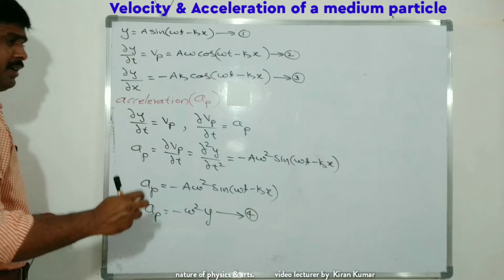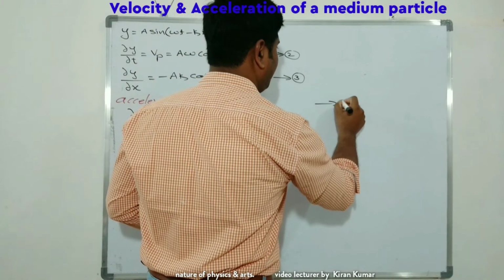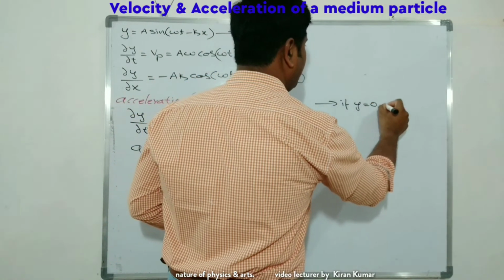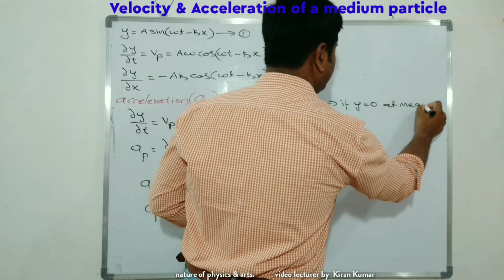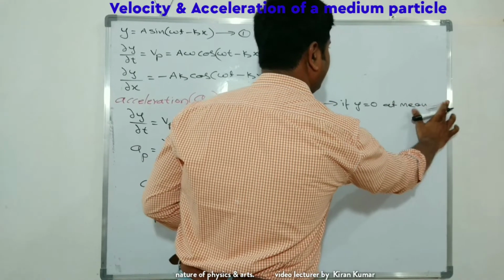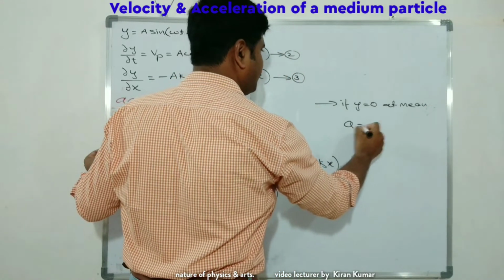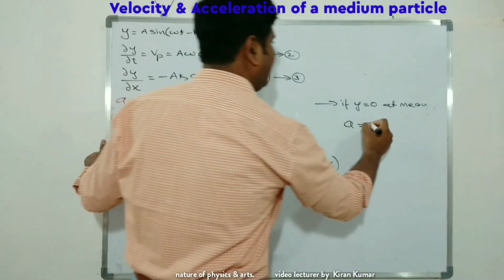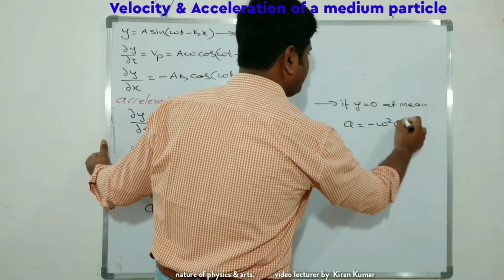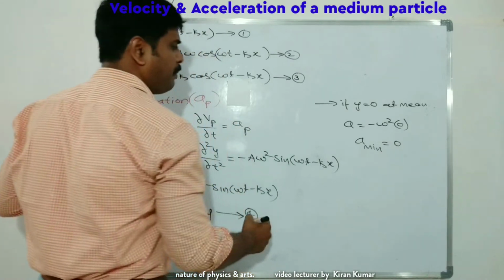We can take two conditions here. First condition: if y is equal to 0 at the mean position, the acceleration is equal to minus ω² into 0. So acceleration is minimum at the mean position.